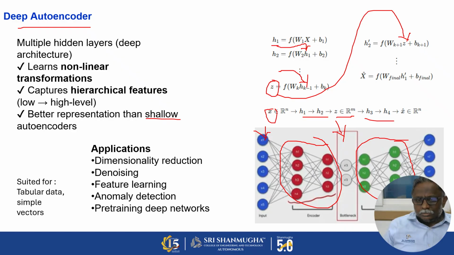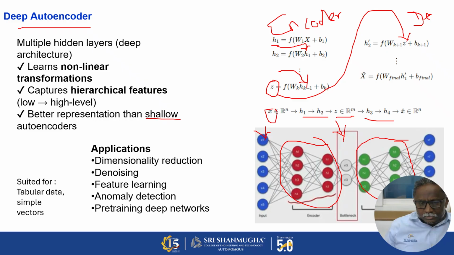This is the encoder part, and this is the decoder part. Since we use many hidden layers, we are able to learn complex phenomena.